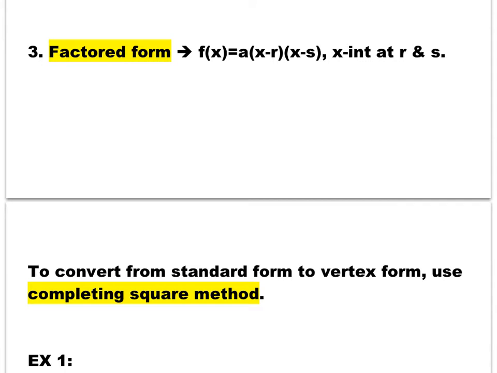Now, if you have a quadratic in standard form and you would like to change it to vertex form, as we did before, we are going to use the completing the square method.